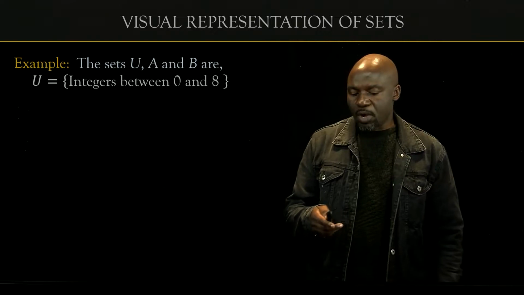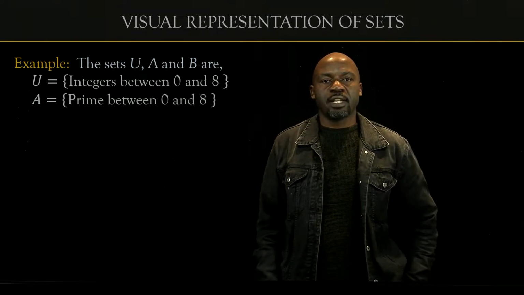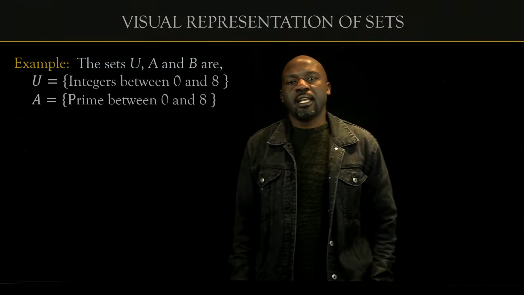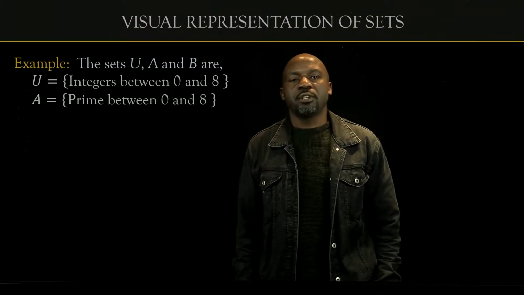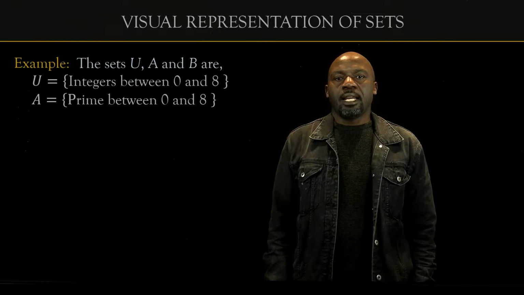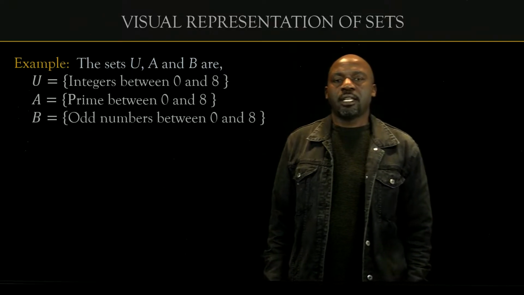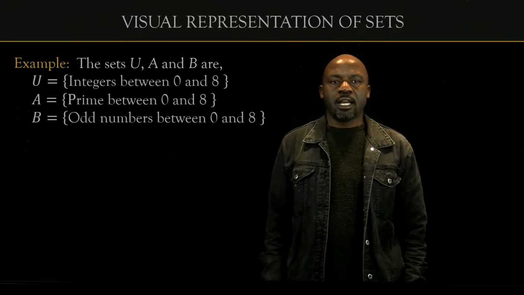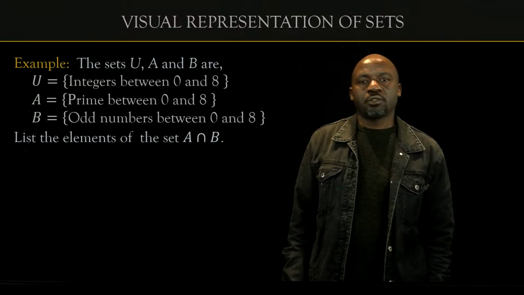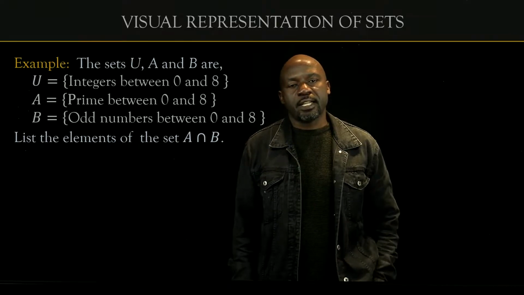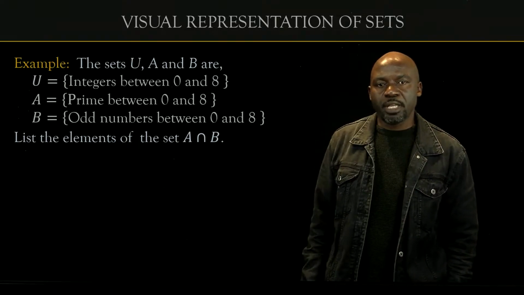That's 0, 1, 2, 3, 4, 5, 6, 7, and 8. Let set A be the set of all prime numbers that fall between 0 and 8. Let set B be the set of odd numbers that lie between 0 and 8. The question is for us to list the elements of the set A intersection B.